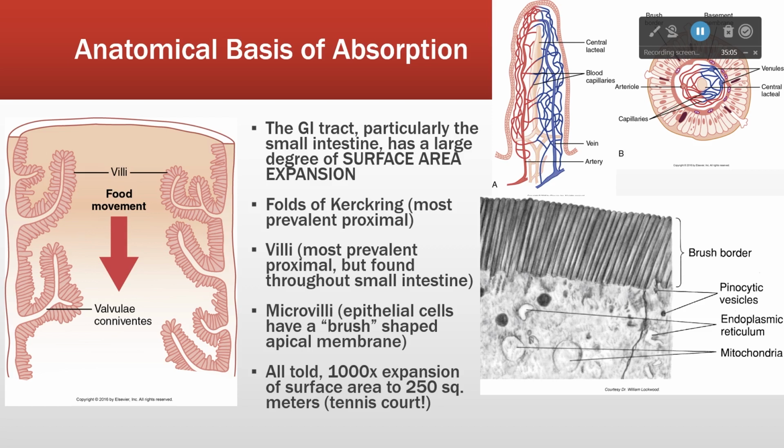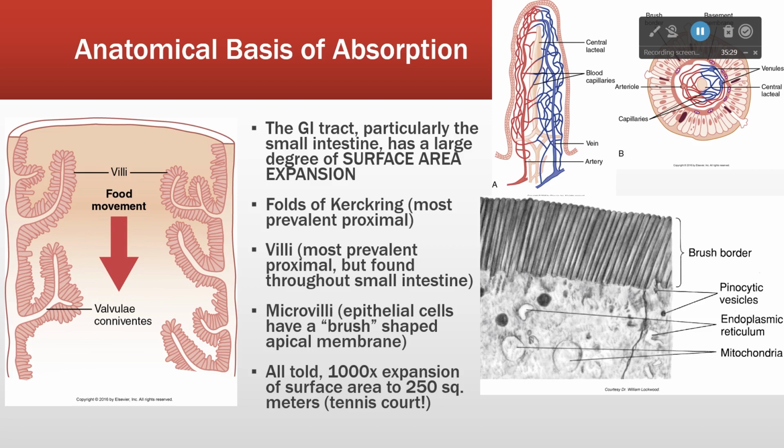That's the villi, okay? There are more folds and villi early in the intestine and fewer later. It's because most absorption occurs early and less occurs later. So we have more surface membrane in the front half of the intestine than the back half.